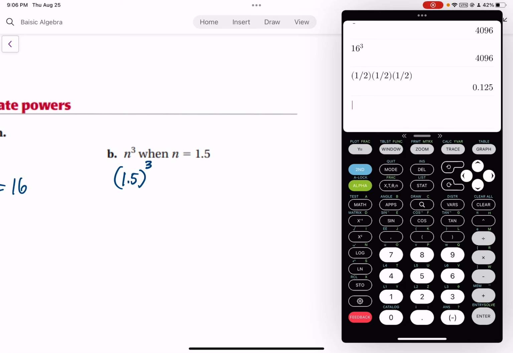And if we do that, we get, oh, my bad, 1.5 times 1.5 times 1.5. We get 3.375. Make sure we're using the right numbers. I'll leave that in for you guys to laugh at me if any of you watch this video.